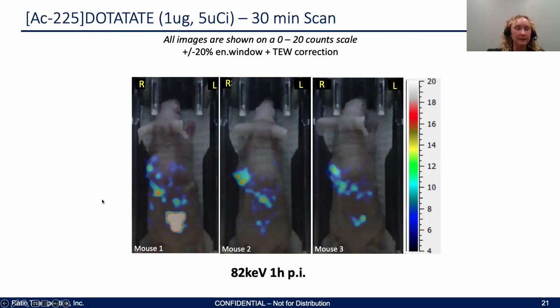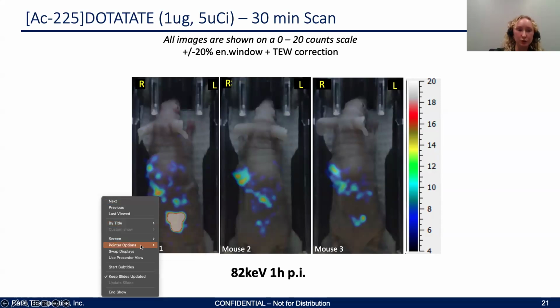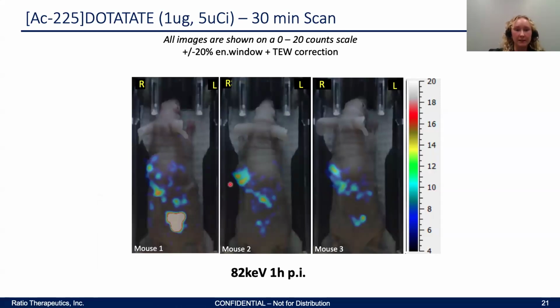The uptake in the tumor at 1 hour, we're starting to see some signal there. The right shoulder has the tumor, where Jacob's pointing right now with the pointer. We also saw some bladder present at 1 hour, especially in mouse 1, and then some signal in the kidney area a little below the tumor.